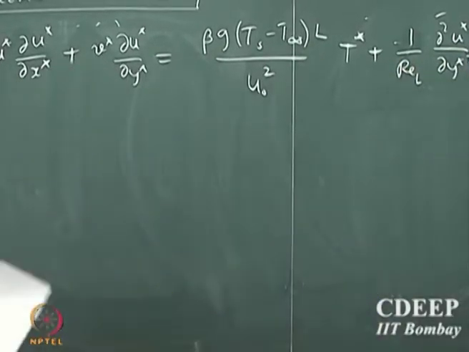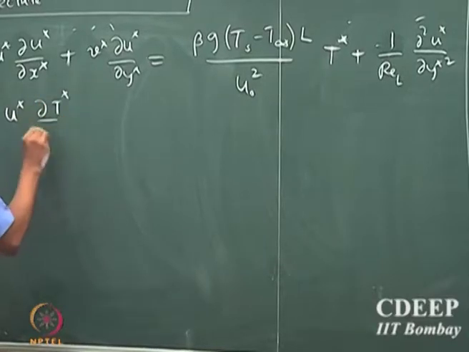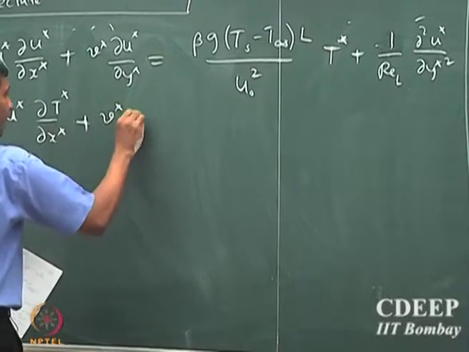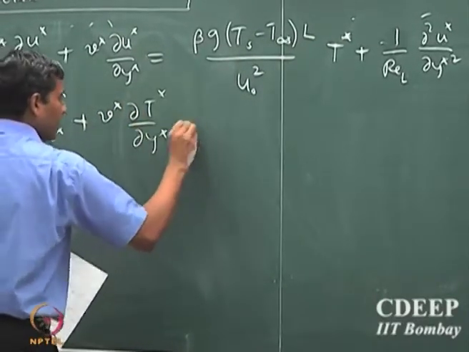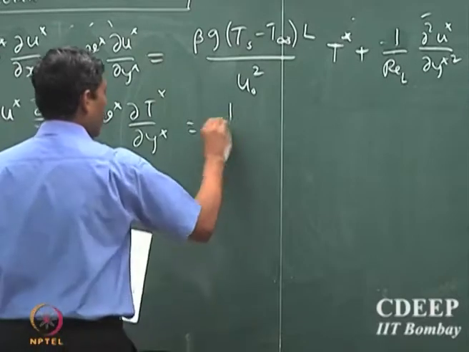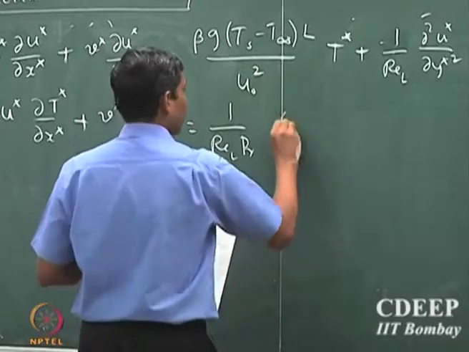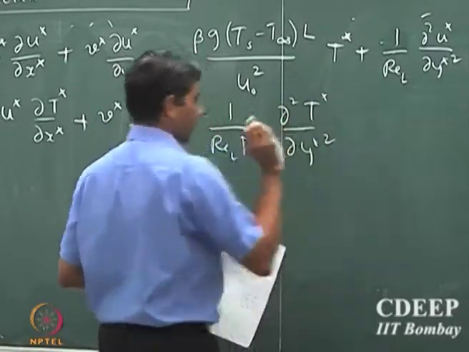Okay. And the temperature balance will be u star dT star by dx star plus v star into dT star by dy star, that's equal to 1 by (Re_L into Prandtl number) into d square T star by dy star square.